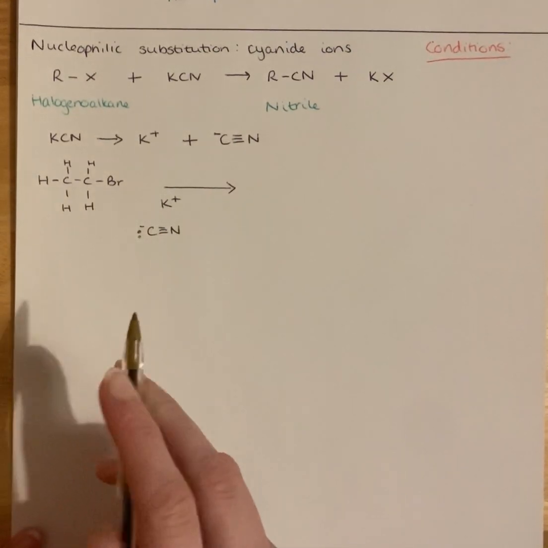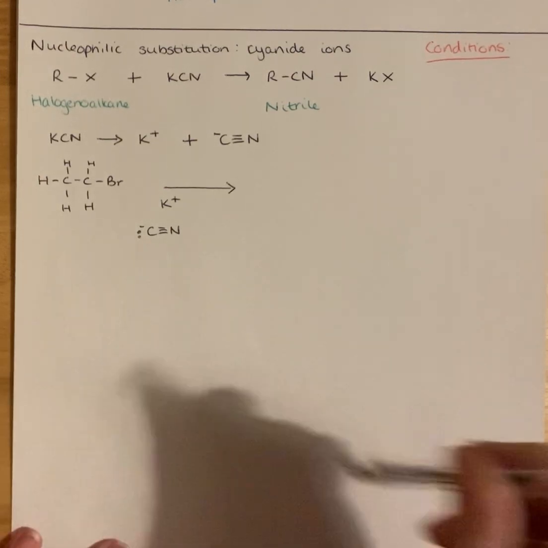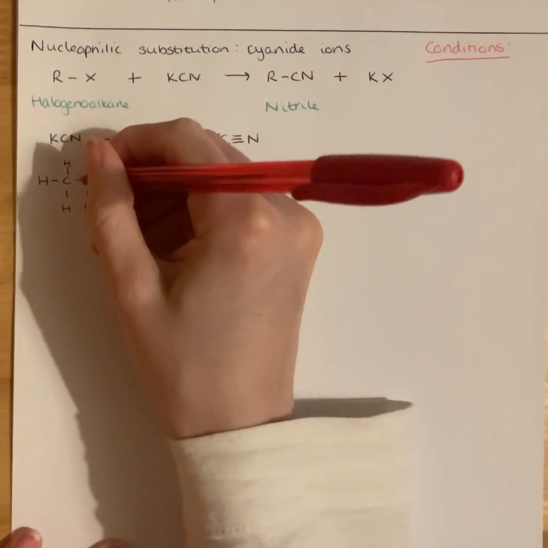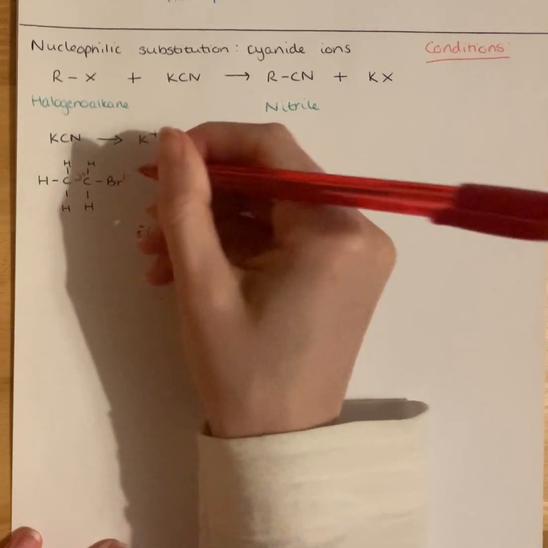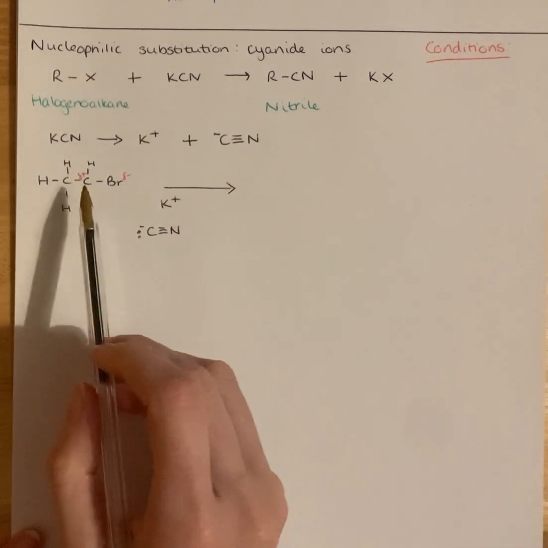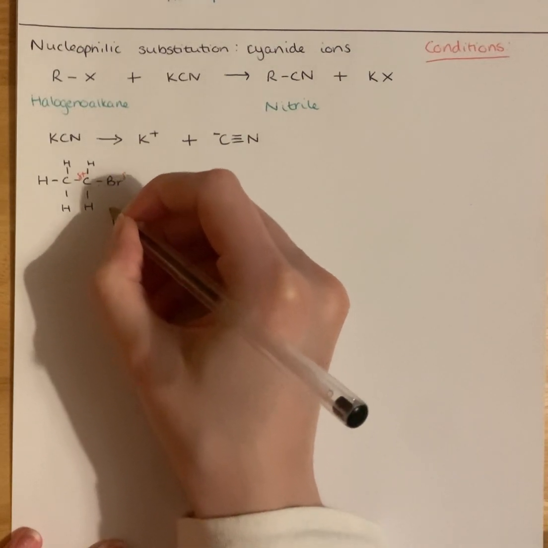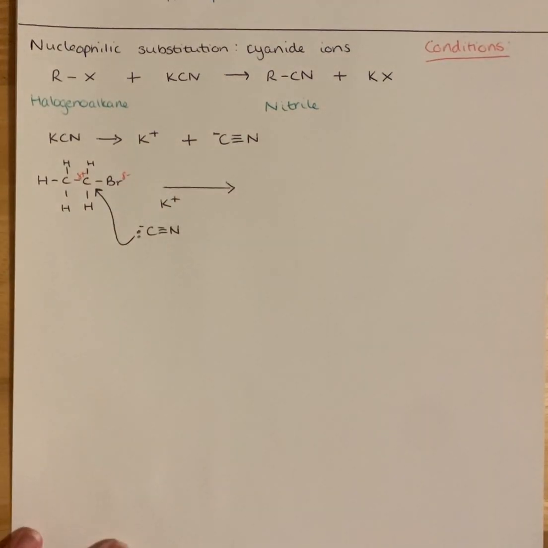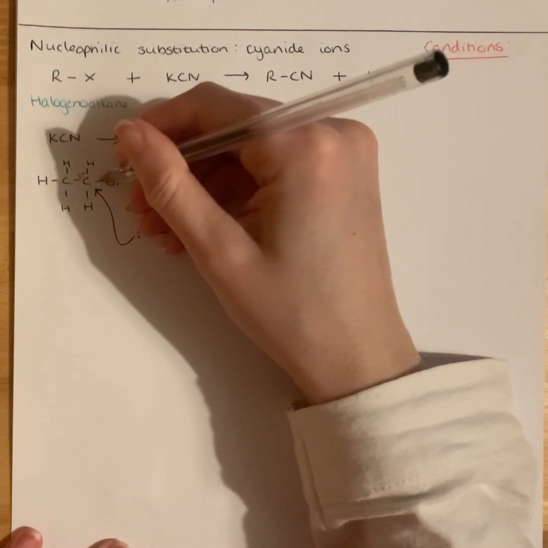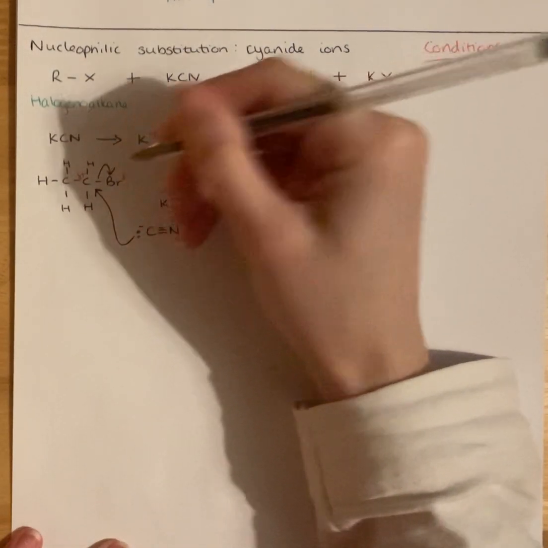If we draw our lone pair of electrons in, so we know where it's coming from, I'm going to put in the delta positive and delta negative charges, delta positive carbon, delta negative bromine. I'm going to draw our arrow from the electrons to the carbon, and then from this bond to the bromine.